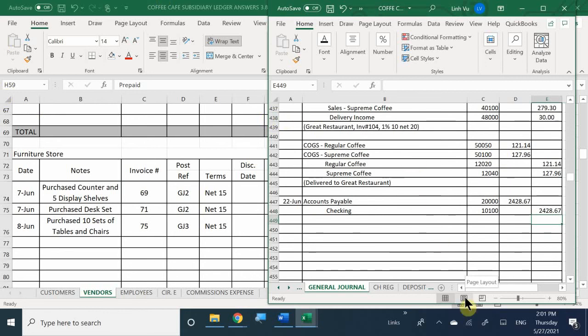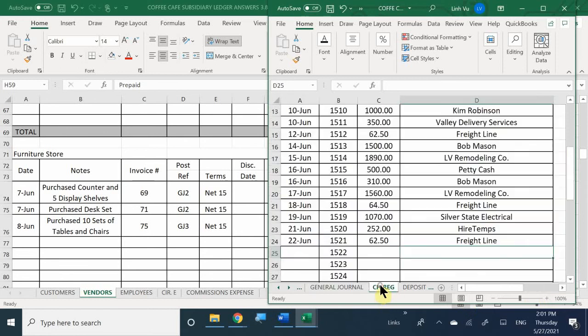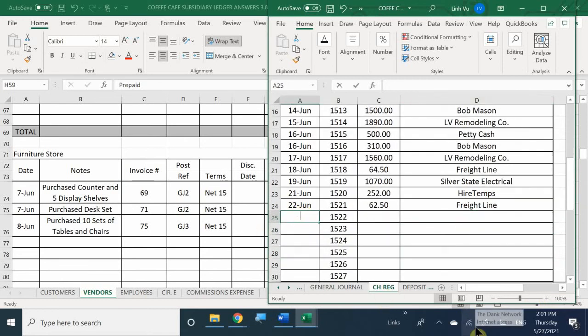Then I'm gonna go to checking next. Figure out what check we're writing. So it's gonna be 1522, the check we're gonna be giving the furniture store.